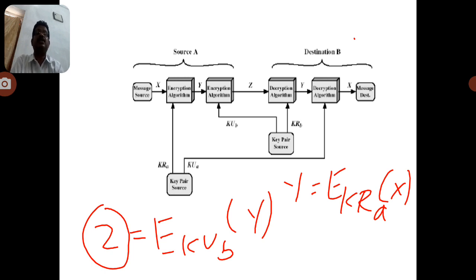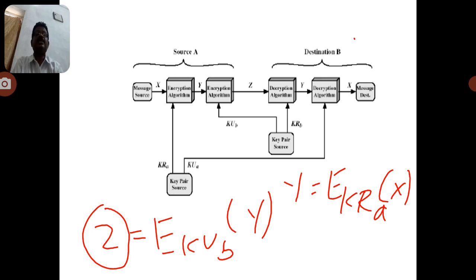How are these two keys related? That is the Diffie-Hellman key exchange algorithm. Using the Diffie-Hellman key exchange algorithm, they can generate the public key and the private key, and a common secret key is generated. And using the public key algorithm, the RSA algorithm, Rivest, Shamir and Adleman, two keys are generated, the public key and the private key.